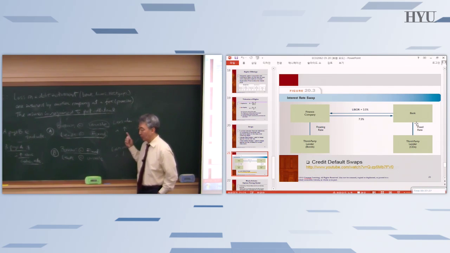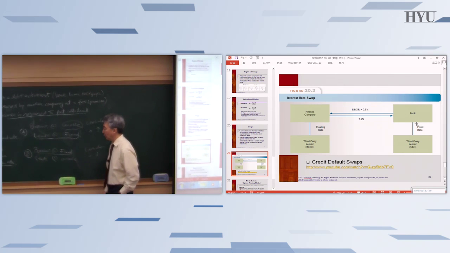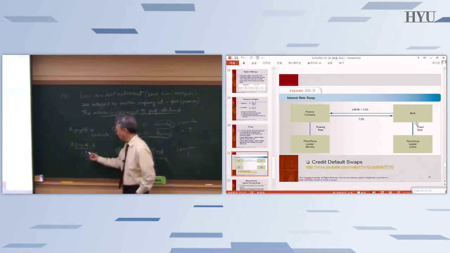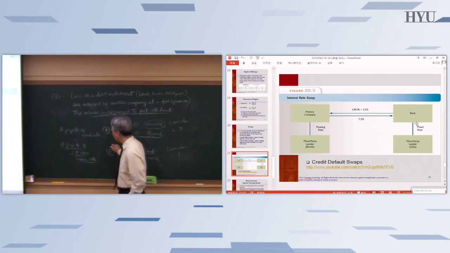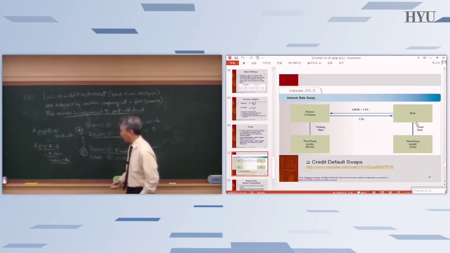So when the interest rate goes up, this company will pay A a certain amount if the interest rate rises above a certain rate.